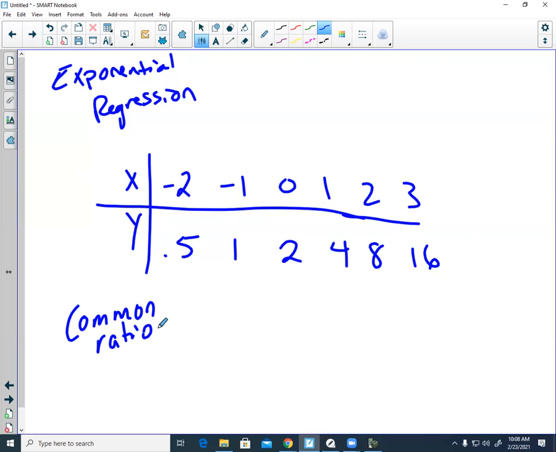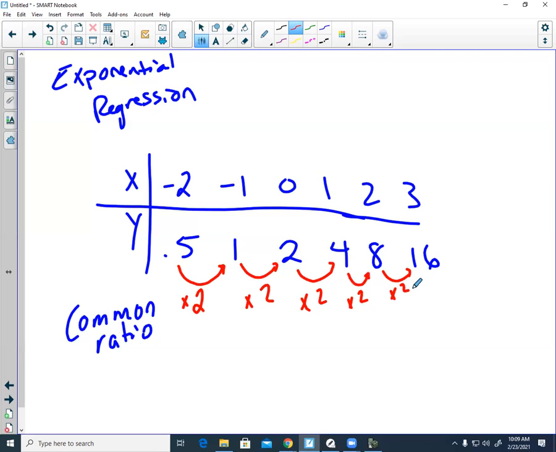What do you multiply 0.5 by to get to 1? 2. What do you multiply 1 by to get to 2? Hopefully we can see a pattern here that every one of these gives me a common ratio. This means that this is exponential. If all the things you multiply by, from the first one to the last one, are the same, then it is exponential.